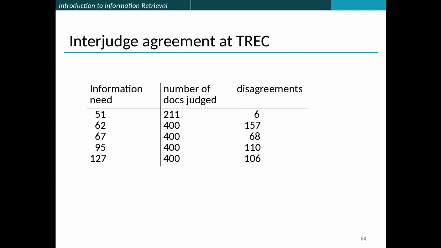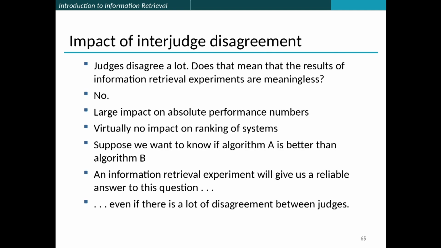As an example, in this particular case there is a disagreement of 1/4. So basically, we can conclude that judges disagree a lot, but this does not mean that the experimental results to evaluate the performance of the system are meaningless. Absolutely not, because you have a large impact in terms of absolute numbers, 1/4, but not in terms of relative ranking.